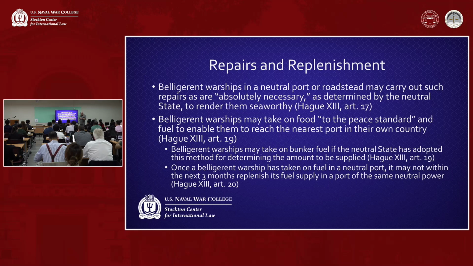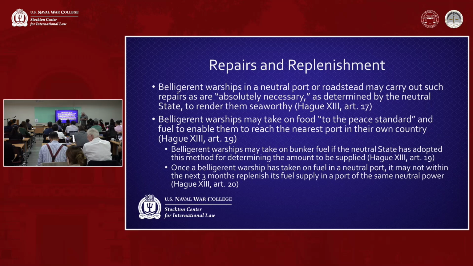As I mentioned, there are some exceptions for repairs and replenishment in neutral ports. The belligerent warships in a neutral port can carry out repairs that are absolutely necessary, as determined by the neutral state, to render the vessel seaworthy so it can get underway. They can also take on food to the peace standard, as well as fuel to enable them to reach the nearest port in their own country.